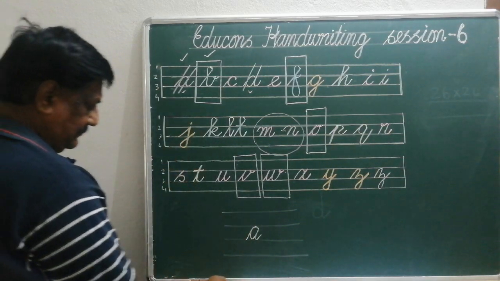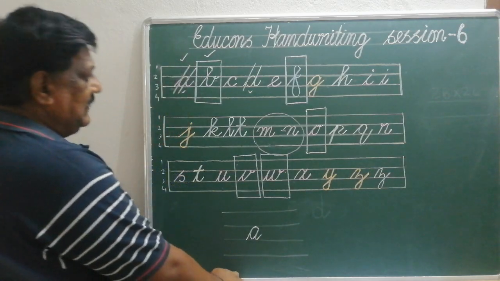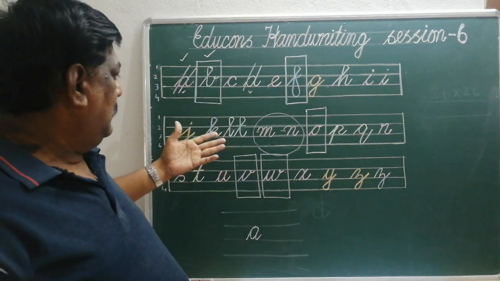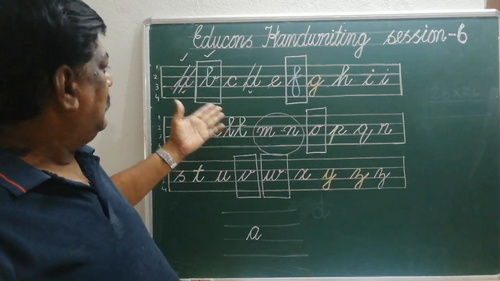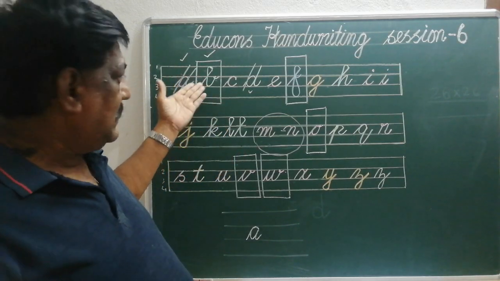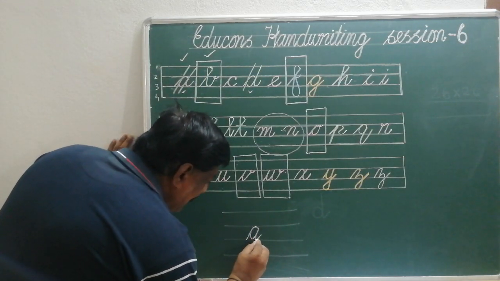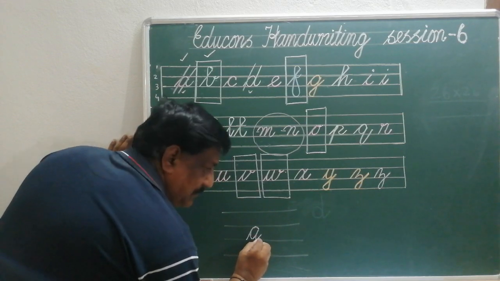This is the ending. Now we choose another letter, any letter. Which letter? Okay. Shall I take B? Shall I connect B? Right. I'll try. See, the B actually should start from the third line.